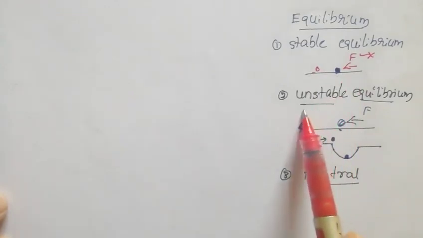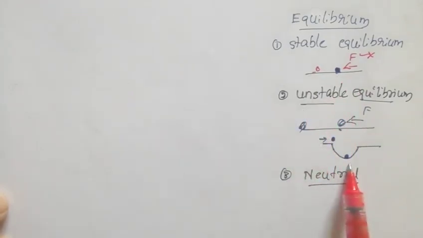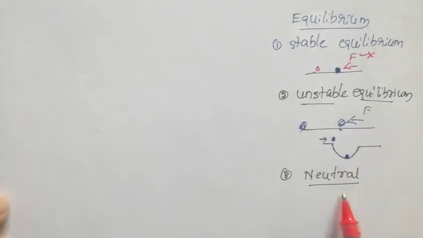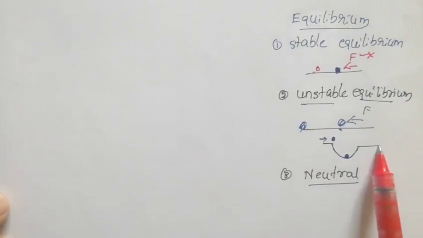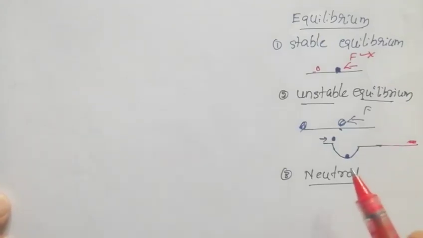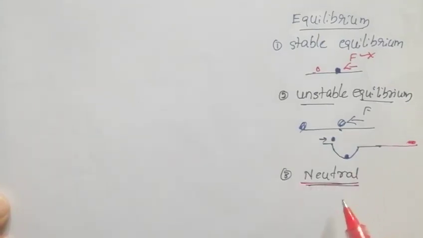Unstable means it will acquire a new position. But in neutral equilibrium, you keep it somewhere here, it stays there only; keep it somewhere else, it stays there only. Wherever you keep it, it will be in equilibrium. That is what we call neutral equilibrium. So this is the concept of equilibrium.